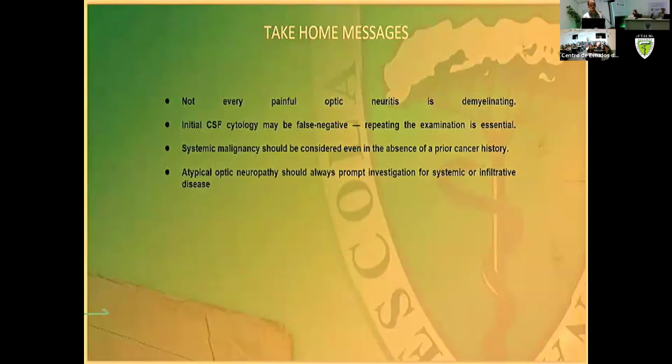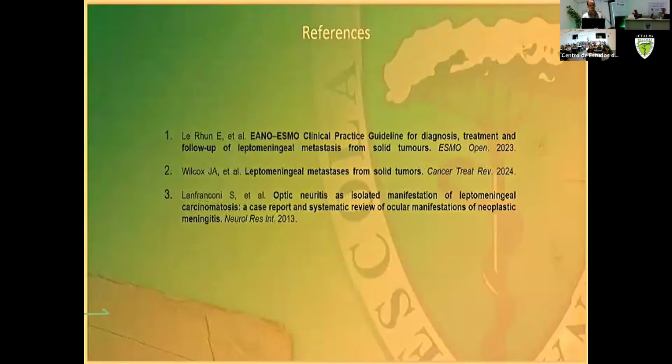Systemic malignancy should be considered even if the patient or the family has no prior cancer history, and an atypical optic neuropathy should always prompt investigation for systemic or infiltrative diseases. This is the reference I used for this presentation, and thank you all.